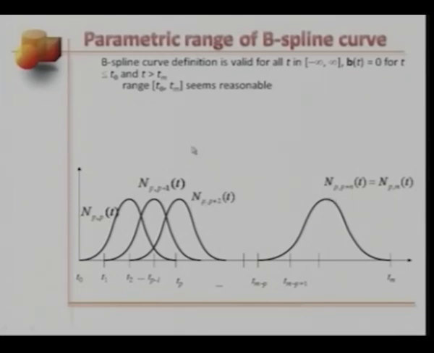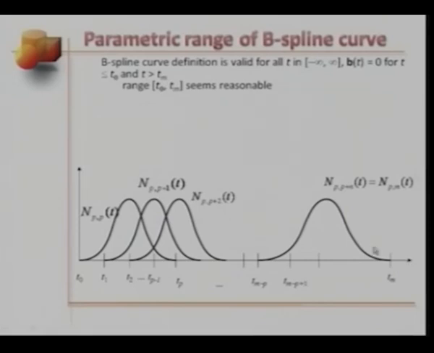And therefore, since B-spline curve is a weighted linear combination of these functions, it will be valid for the entire range of t. Clearly, b of t, the spline segment, will be equal to 0 for values of t smaller than t0 and for values of t greater than tm.